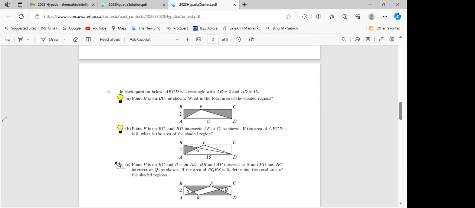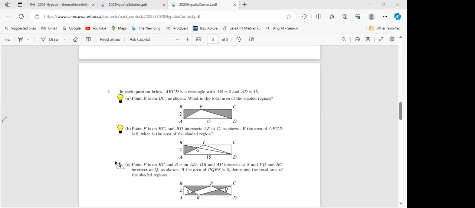In each question below, ABCD is a rectangle with AB equals 2 and AD equals 15. Point P is on BC and R is on AD. BR and AP intersect at S, and PD and RC intersect at Q as shown.